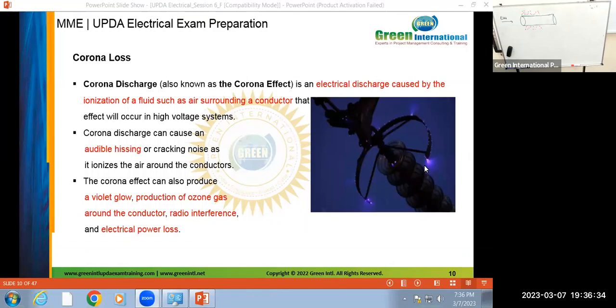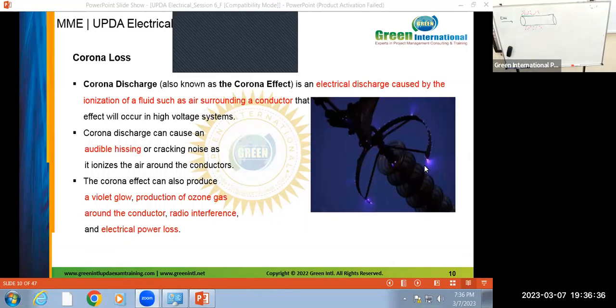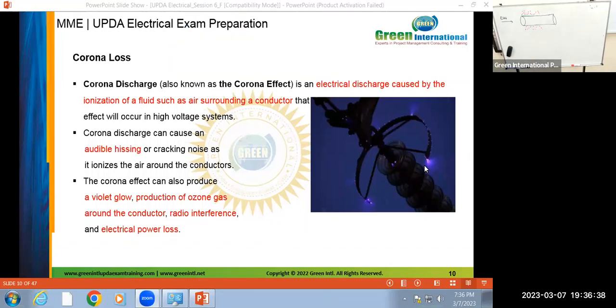If you see a violet color in the transmission lines, especially in the insulator set, that violet color indicates corona loss is present. At the same time, if you cross this area, sometimes you may hear a hissing sound. The hissing sound and the violet color indicate corona loss there. This was also asked in an exam.